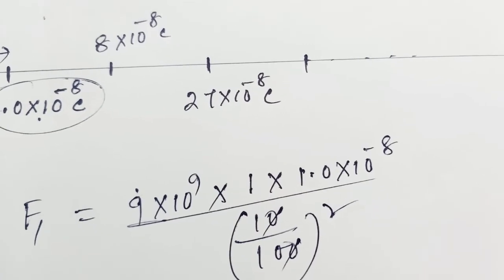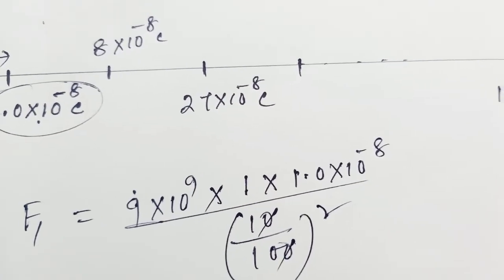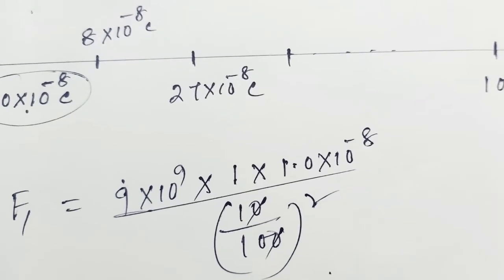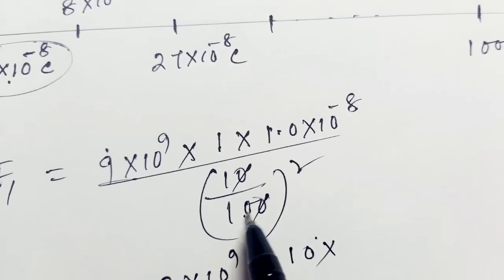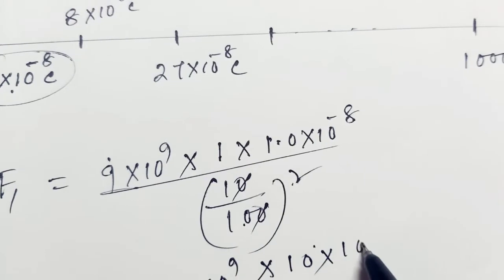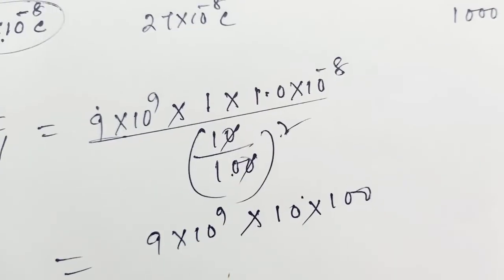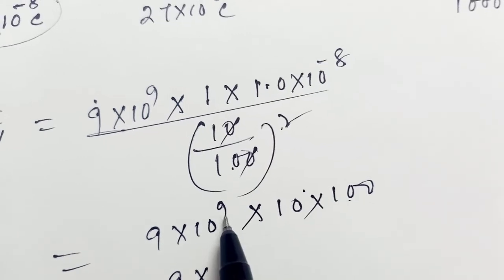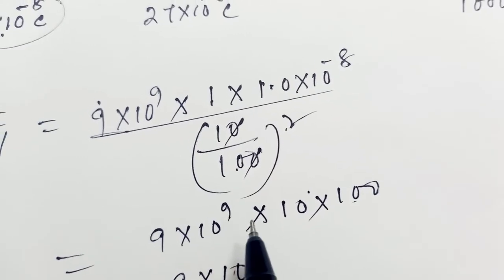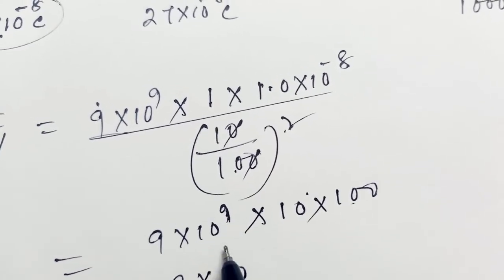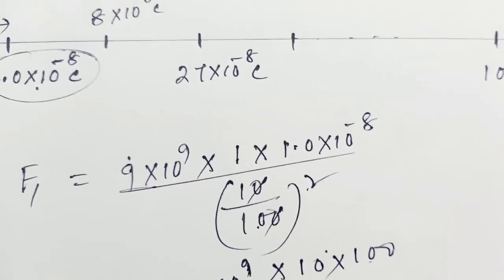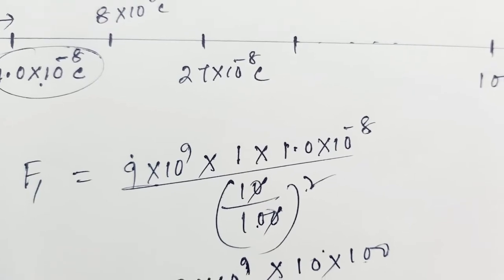So 9 into 10 to the power 9 into 10 to the power minus 8 into 100, giving 9 into 10 to the power 6. Is it correct or not?